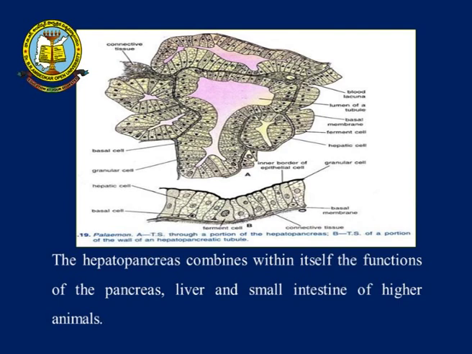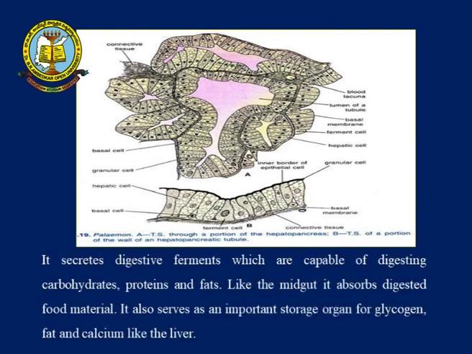From this lumen, all these tubules get collected into a larger tubule, and the larger tubule is the one that opens up into the hepatopancreatic duct. It is going to secrete digestive ferments which are capable of digesting carbohydrates, proteins and fats like in humans. And like the midgut, it absorbs the digested food material and also serves as an important storage organ for glycogen, fat and calcium like the liver.